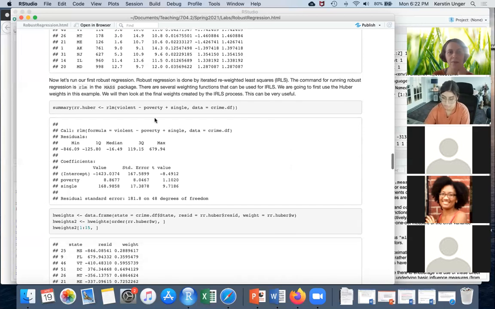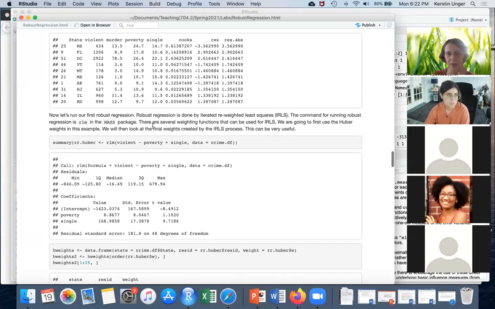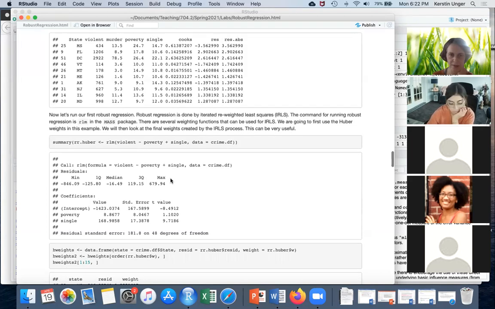Okay. If you want to do the robust regression, you use the RLM function that's included in the MASS package. The syntax is very similar, though there are a few arguments specific to RLM that are not included in your LM method. You can refer to the help function, but you can just run the standard model here. I call it RR Huber, and then you just call the summary.